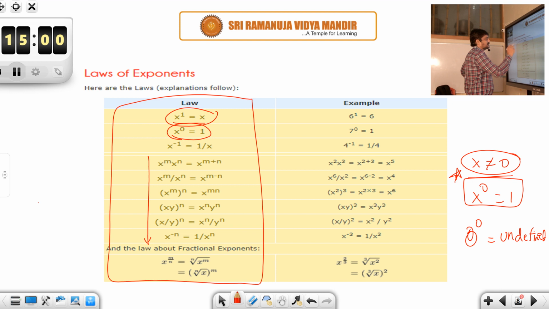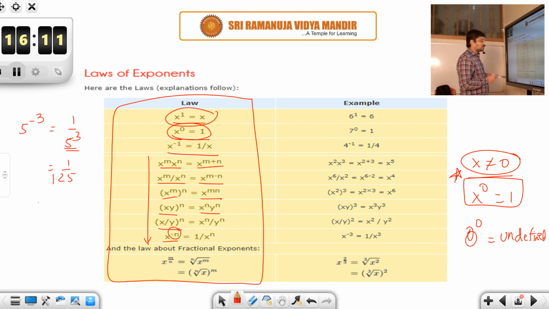X by y whole power n is equal to x power n by y power n. And then x power minus n. See here again, there is a negative sign in the exponent. So what do you need to do? Just take its reciprocal and flip the sign of the exponent. So x power minus n would become 1 upon x power n. Okay, students.